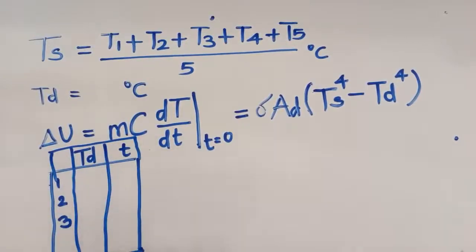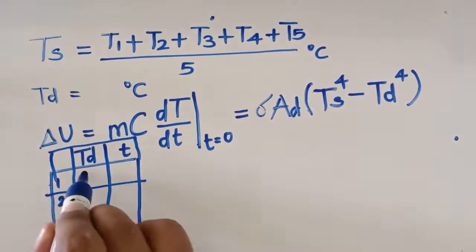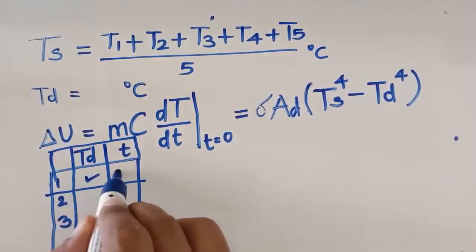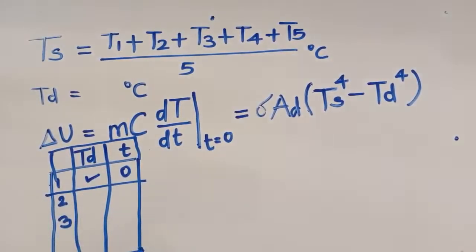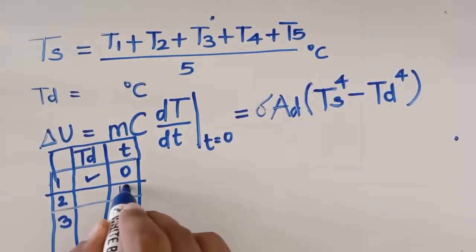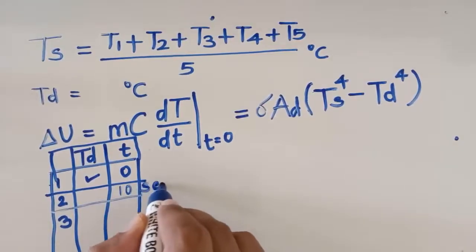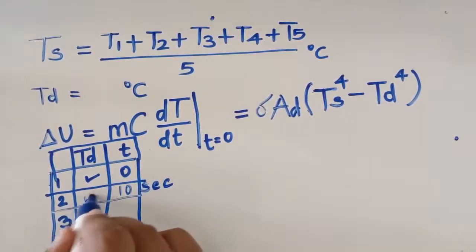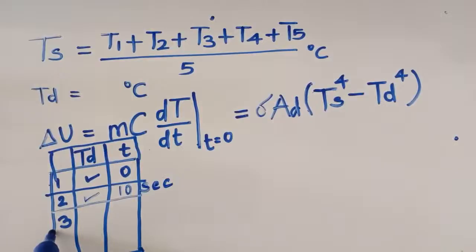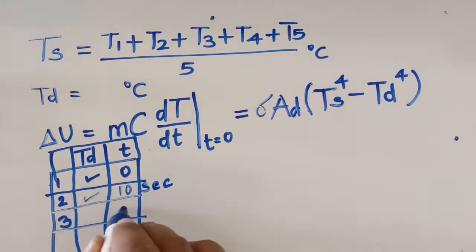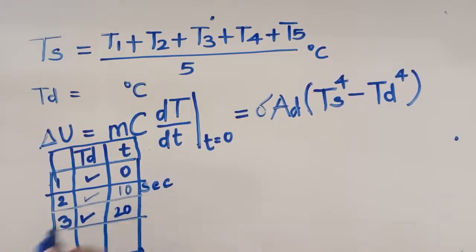For the first reading there is some temperature of the disk at 0th time in the beginning, and when, let us say, the time is 10 seconds, at that point there is some temperature, and of course because of radiation heat exchange the temperature of the disk will keep on increasing. So after 20 seconds there will be some temperature.